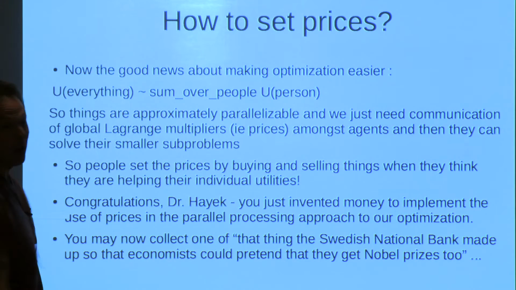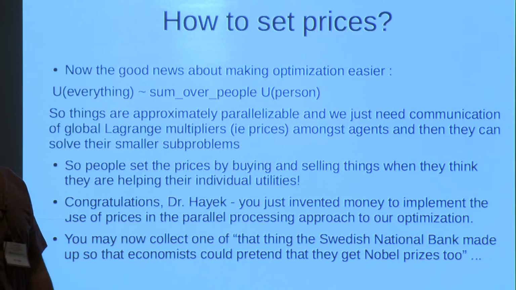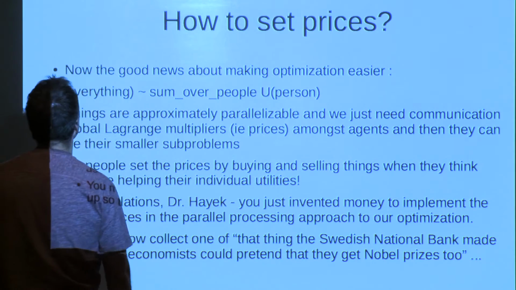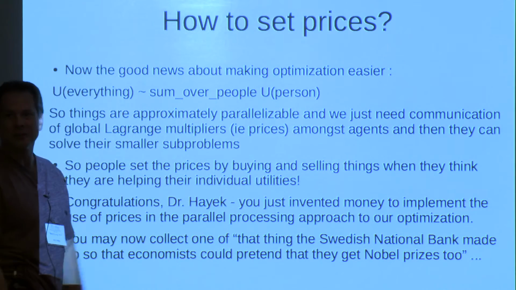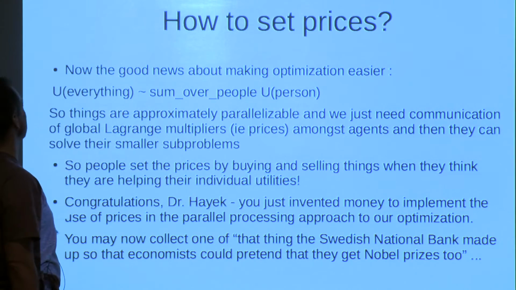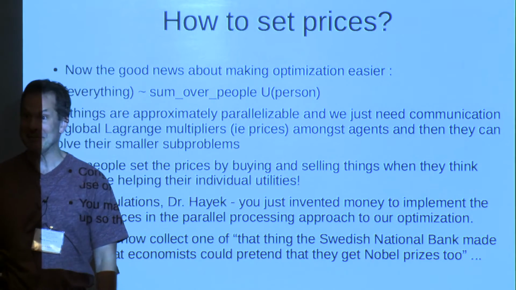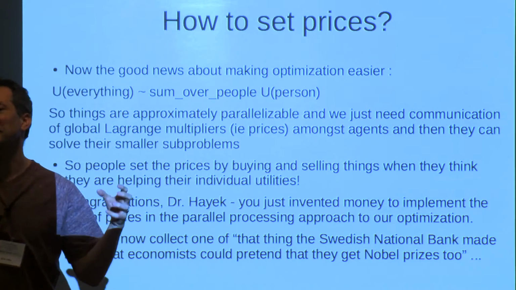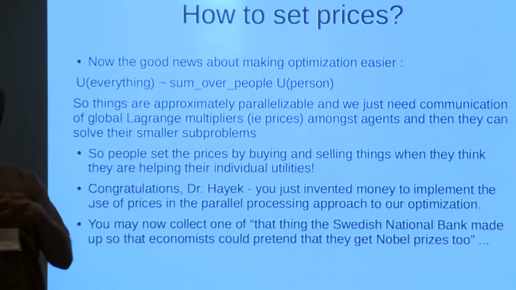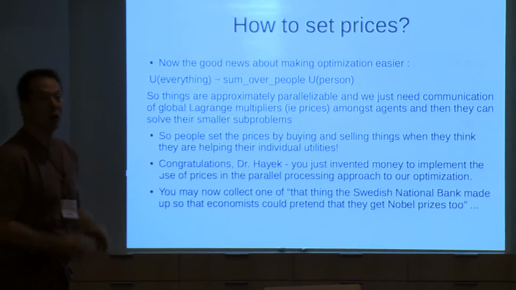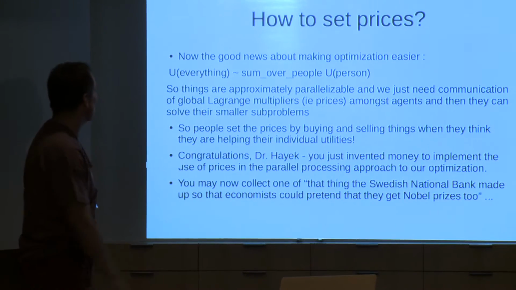She might be wrong about that, but it's a pretty good starting approximation, that the utility of the whole society is the sum of the people's individual utilities. And if we believe this approximate parallelization, then it's great, because now we don't have to solve this gigantic problem. Everybody gets to solve their own individual subproblem. So we are all the world's greatest parallel supercomputer.